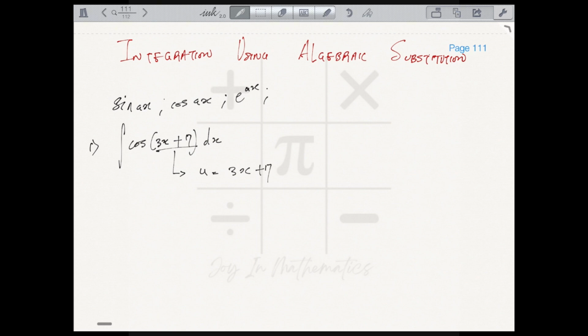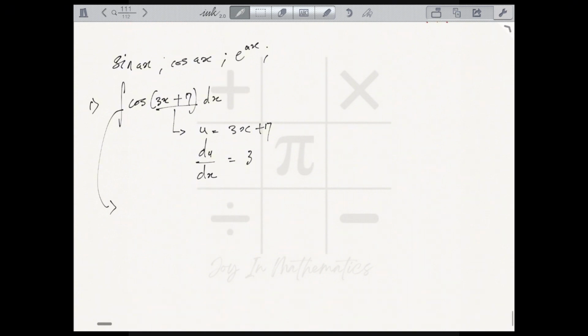Now, if u is 3x + 7, we can evaluate du/dx, and du/dx in this case is 3. Coming back to the question, we have cos u because we have made the substitution already.